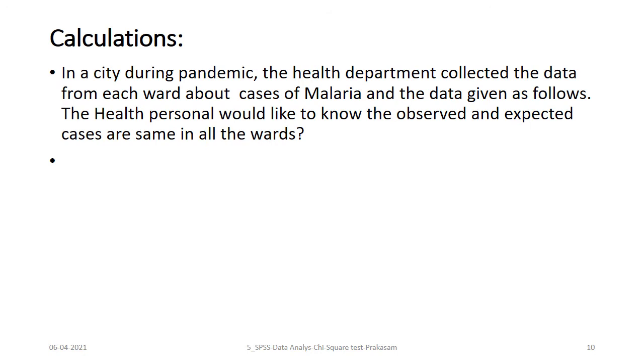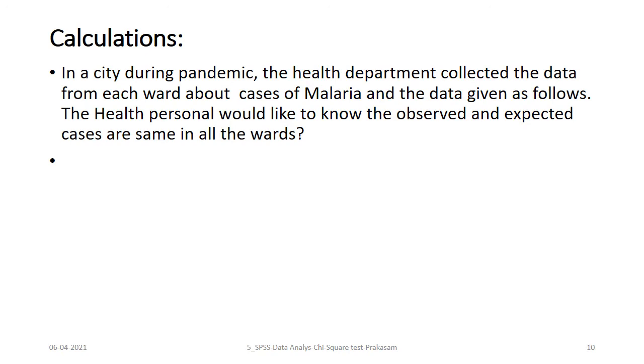Let us calculate that and find one example. In a city during the pandemic, the health department collected data from each ward about cases of malaria, and the data is given below. Health personnel would like to know whether the observed and expected cases are the same in these wards.